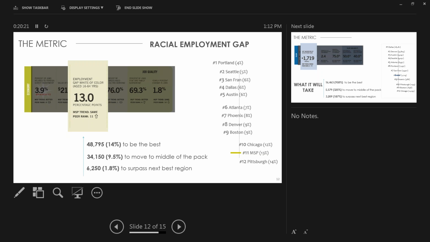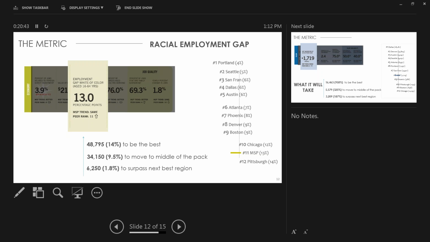We calculate a gap between the percent of population employed of white individuals versus people of color. That 14% is the percent increase of people of color needed to close that gap. So there's a 14% difference of employment between us and Portland.